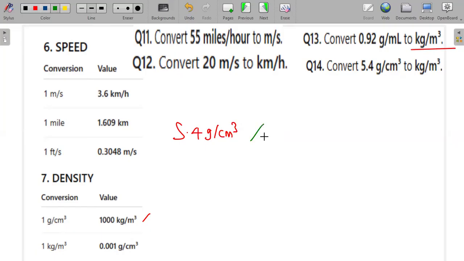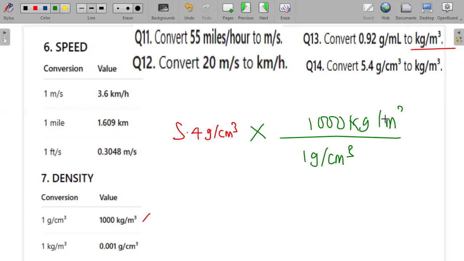And then I say multiplied by, then I draw a line. Here I know that 1 gram per cubic centimeter is equivalent to 1,000 kilograms per cubic meter. So I cancel out this, and then I multiply 5.4 by this. I get 5,400 kilograms per cubic meter.